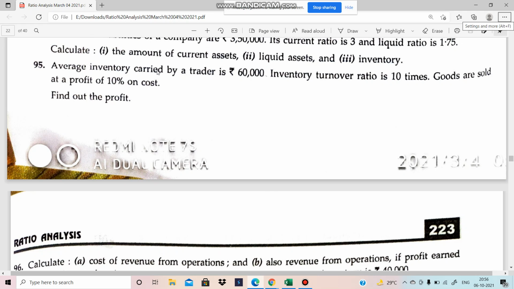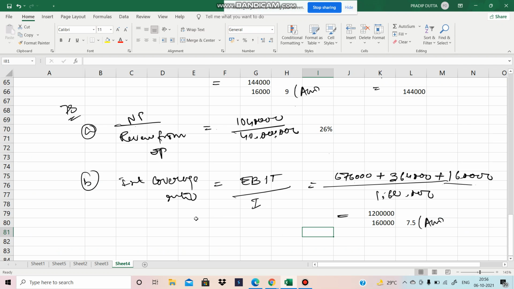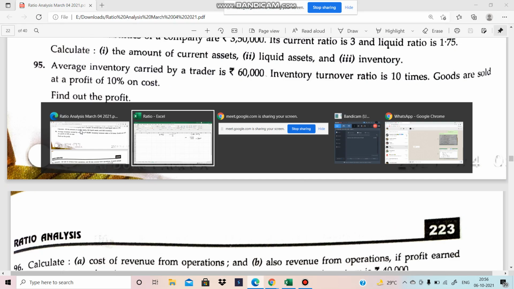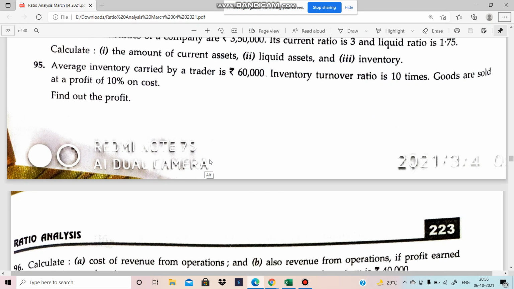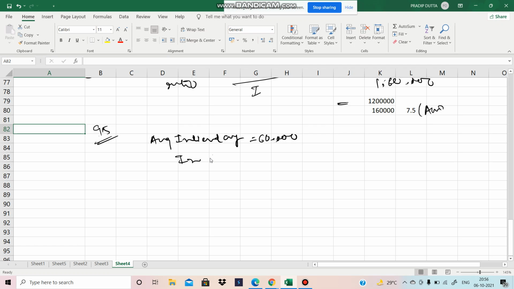So the average inventory carried by a trader is 60,000, and the inventory turnover ratio is 10 times.